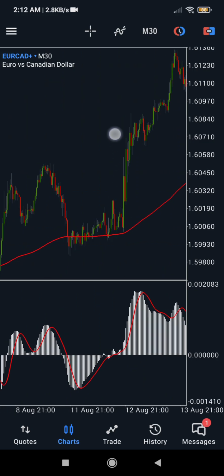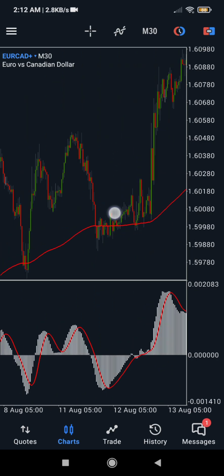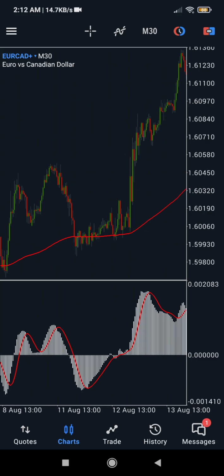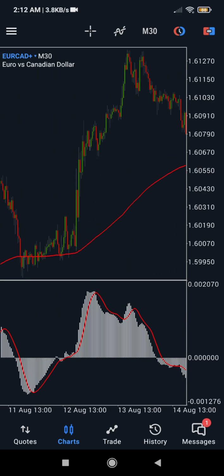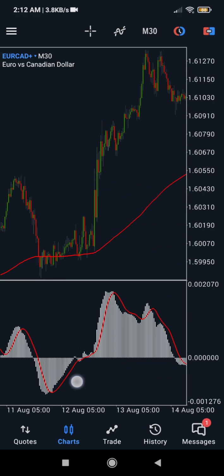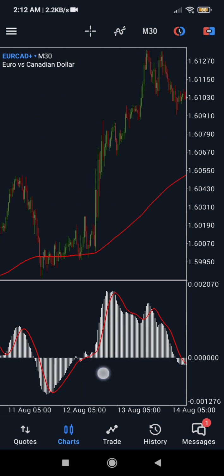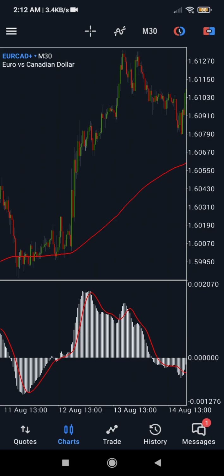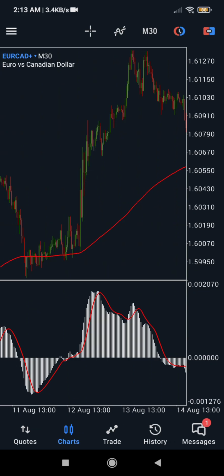We will not take this as well. So you have to follow your system. Don't think that because you see price continues in that direction without giving us any histogram or crossover below, you can always be wise to follow it. If you are following a strategy, you have to abide by the rules.